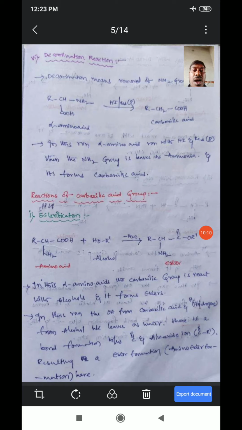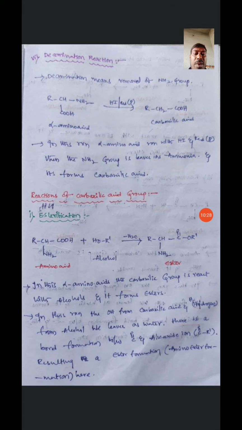Here the alpha amino acid RCH NH2 COOH reacts with hydrogen iodide in the presence of red phosphorus, and the NH2 group leaves as ammonia and it forms a carboxylic acid.